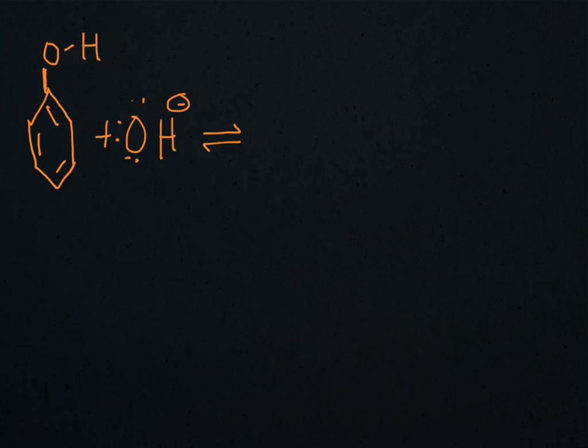Now let's consider this reaction. In order to draw the mechanism, we must first identify what the base and what the acid is. In this case, the base will be the OH-, and the acid will be this compound right here. So we know that the base will be accepting this proton and the acid will be losing this proton. How does this come to be?